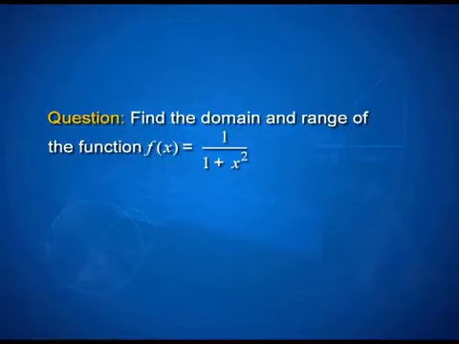So, our next question says find the domain and range of the function f where f of x is equal to 1 by 1 plus x square. Now, what you really need to understand is that the domain consists of all the values of x for which f is defined, f can act on them.